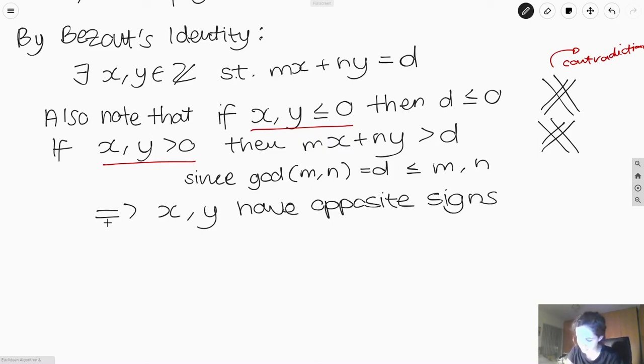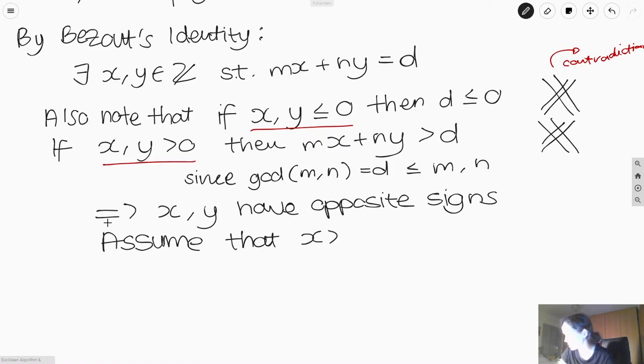So let's assume that, when we say opposite signs, one is going to be positive, the other one is going to be negative. So assume that x is bigger than 0 and y is smaller or equal to 0. We're going to assume one is the non-positive one, and the other one is the positive one.